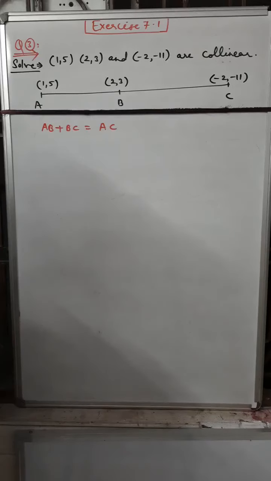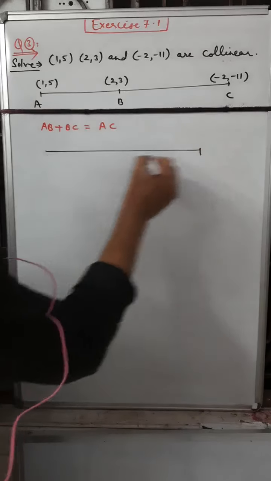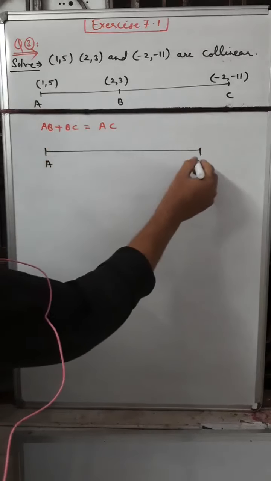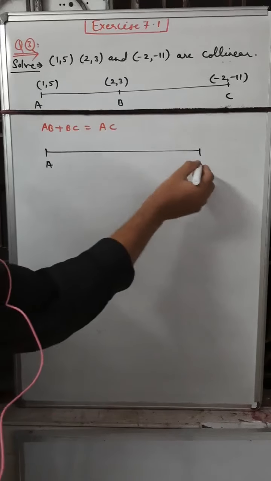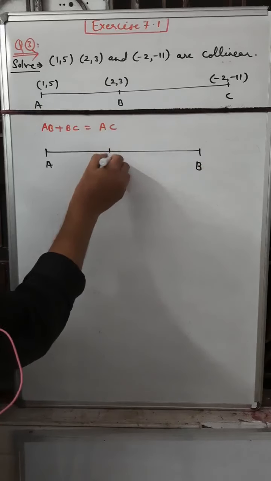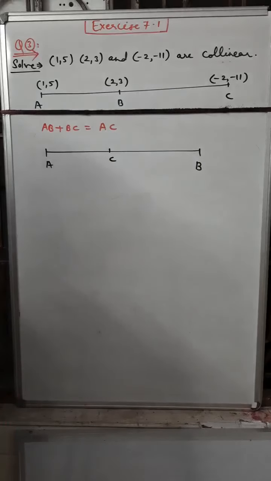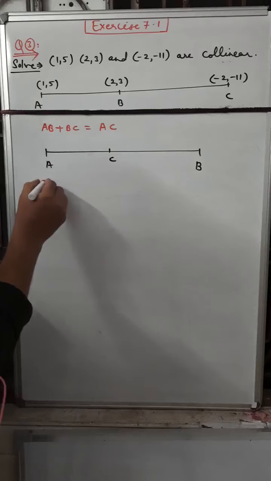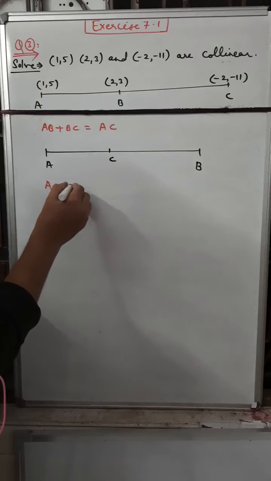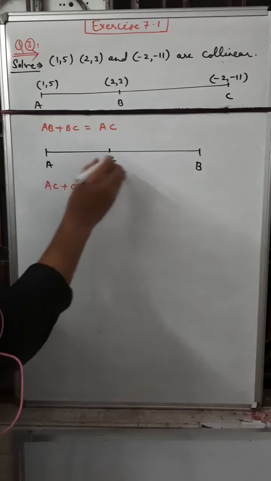Or in a different condition, the points A and B are situated at the ends, and point C is situated at the mid or anywhere in the line. So in that condition, AC plus CB will be AB.